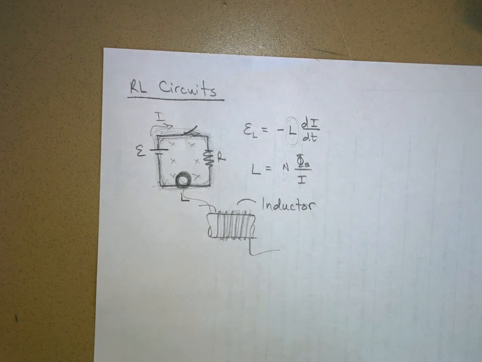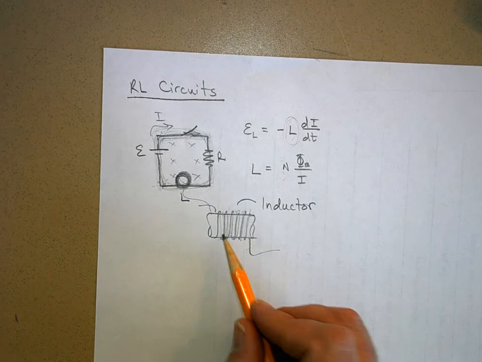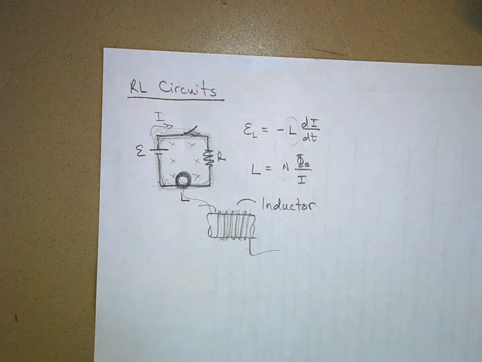We have the resistor, which removes energy from the circuit. It does work on the outside world. And now we have inductors that control the rate of change of current, and also create a magnetic field. Because you have a lot of current in there, you're going to have a big magnetic field, and there's energy stored in that field. We're going to talk about that later.